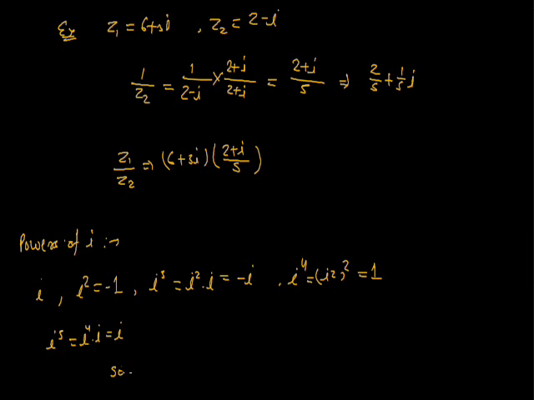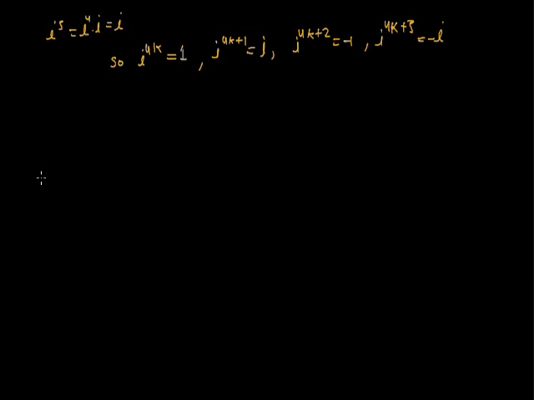So we can write a standard form: iota to the power 4k is equal to 1, iota to the power 4k plus 1 is equal to iota, iota to the power 4k plus 2 is equal to minus 1, and iota to the power 4k plus 3 is exactly equal to minus iota. Now we are talking about the square root of a negative number.